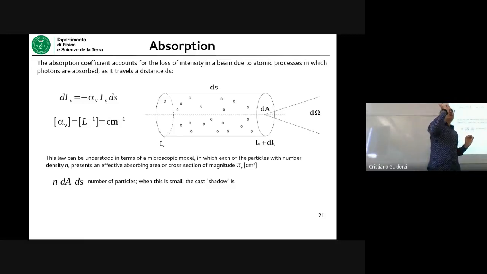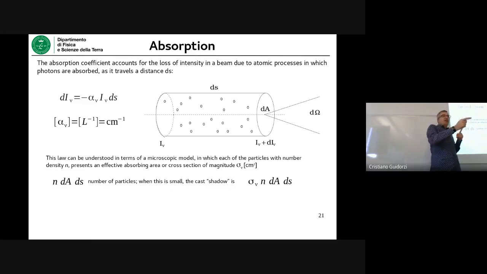Given that the projected area of one atom is the cross-section that we called sigma_nu, the area of one single atom, if you multiply by all the number of atoms, you have the total shadow. It's a shadow which is cast perpendicularly to the direction of motion of the radiation. So just multiply the area of one single atom times the total number of atoms, and you have the total area which is shaded.